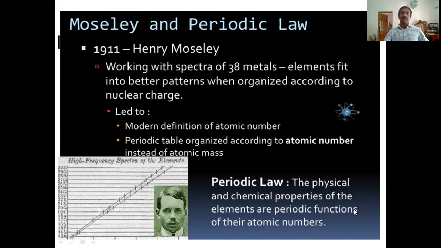The nuclear charge is related to number of protons in the nucleus. And the atomic number is the number of protons in the nucleus. So he identified when elements are arranged in the increasing order of their atomic number, a regular pattern is obtained.